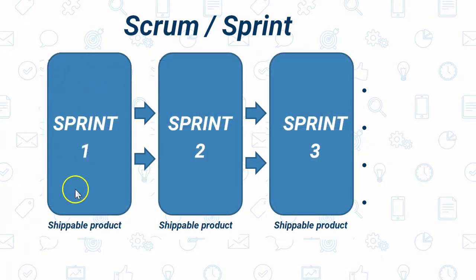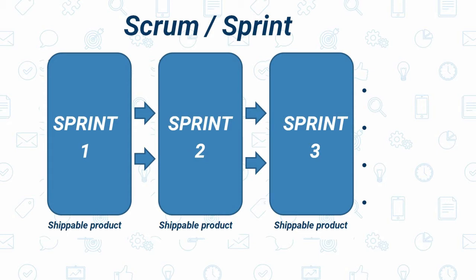So first the one sprint takes place and the product is shipped to the customer. Then the second sprint starts and is shipped to the customer. And then on top of that the third sprint starts and is shipped to the customer. So the software is developed on an incremental model.